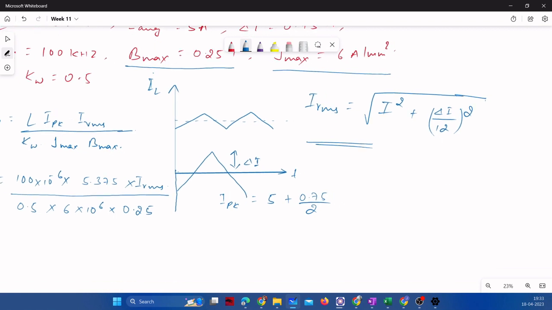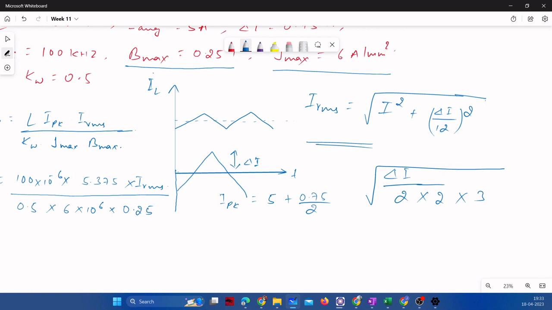So delta I by 2 by root 3. Since here we have half of the time period, the 2 will go in the denominator, and it will effectively be delta I by 2 into root 3, which is the whole value.